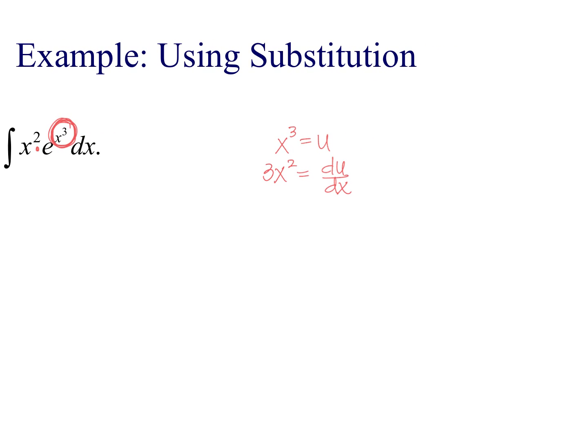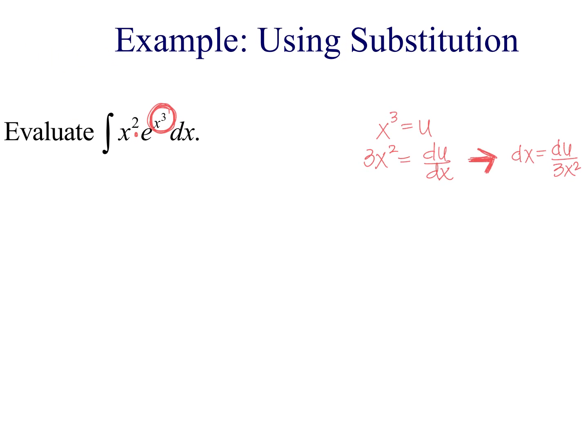So if 3x squared is equal to du dx, that leads to dx by itself being equal to du over 3x squared. So one leads to the other. When you use an arrow in math, that means from one I can get the other, that it implies or leads to the other.